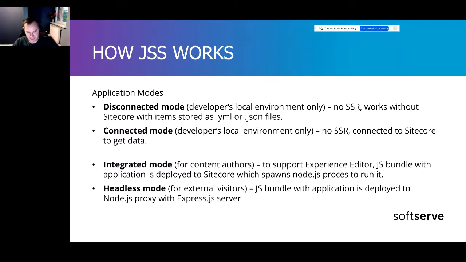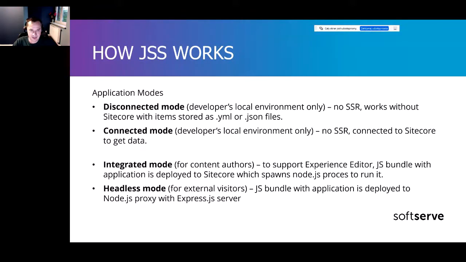So we have integrated or headless mode. Integrated is basically for your CM server to support Experience Editor. In this mode, the JSS application bundle is deployed to Sitecore and spawns a Node.js process to render the page. But it's not recommended to use this outside of the content management server.